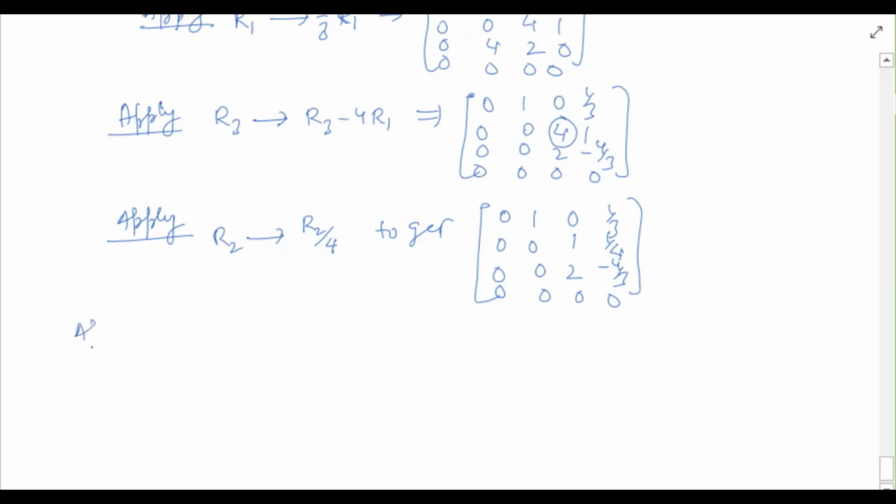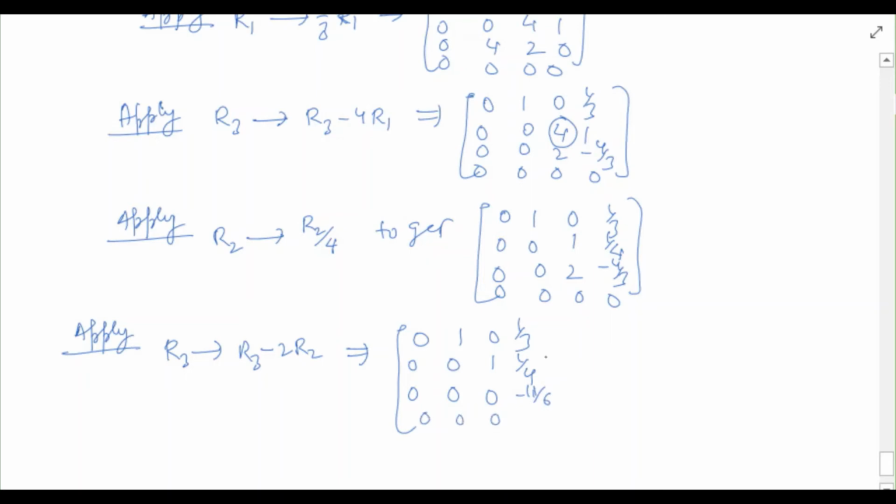To fix this, we apply R3 to R3 minus 2 R2 to get 0, 1, 0, 1 by 3, 0, 0, 1, 1 by 4, 0, 0, 0, minus 11 by 6, 0, 0, 0, 0.